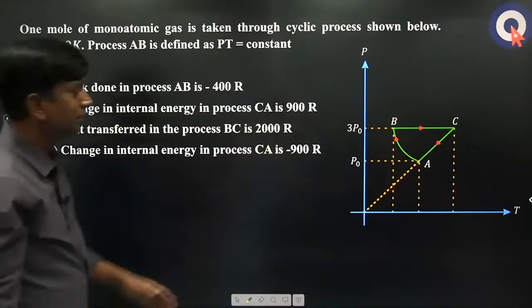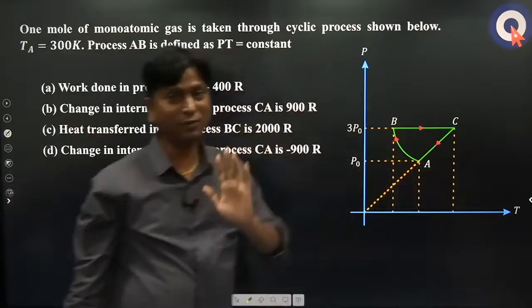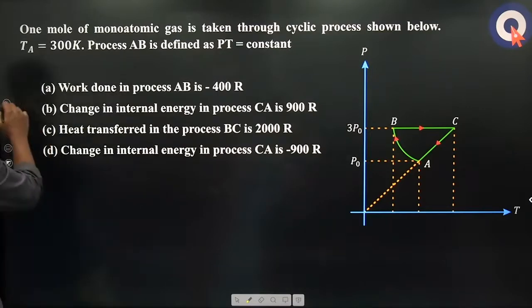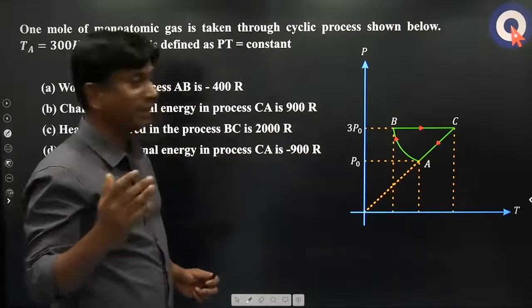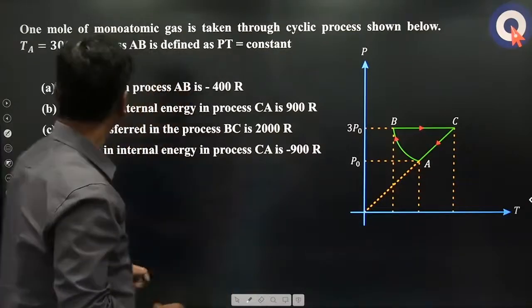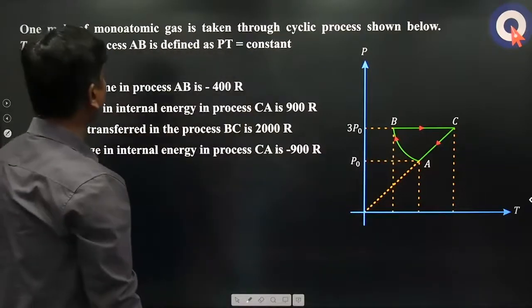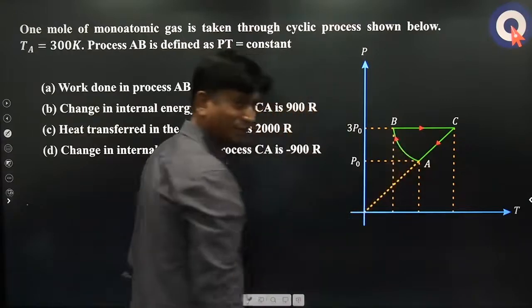Now the questions with some graph, when pressure and temperature, not pressure and volume, right? Okay. So 1 mole of monatomic gas is taken through a cyclic process shown in the figure. Temperature at A is 300 Kelvin. Okay, process AB is defined as PT is constant. There's a process AB like this, right?